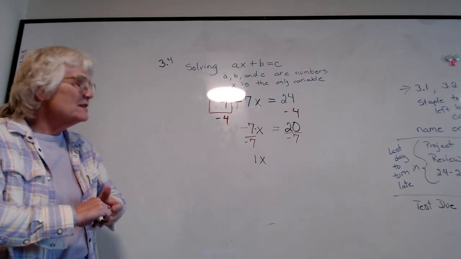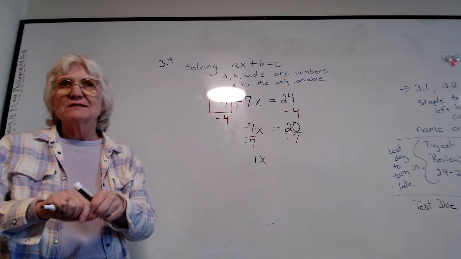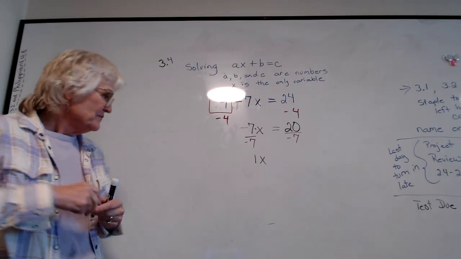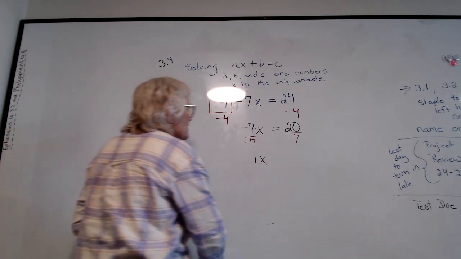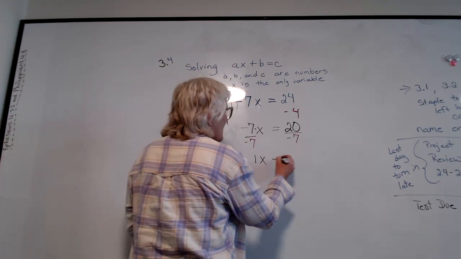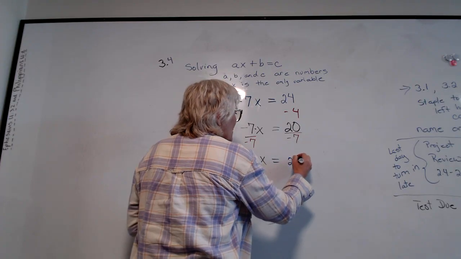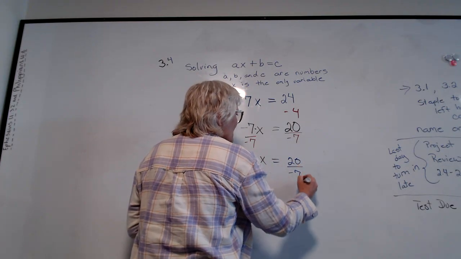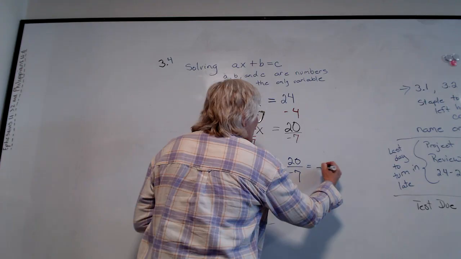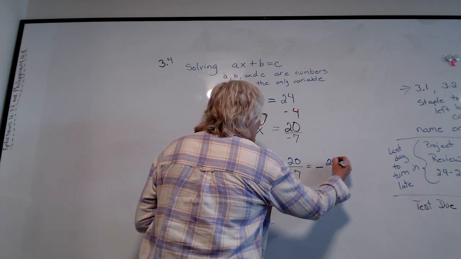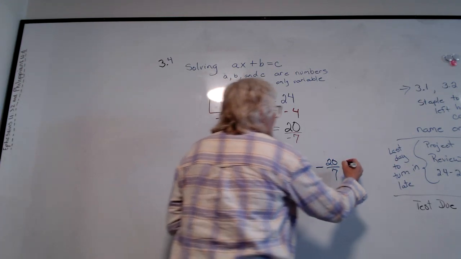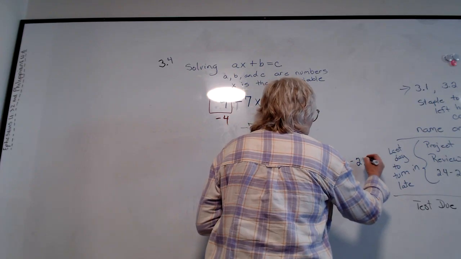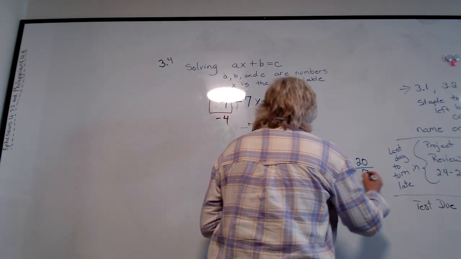This can be written several different ways, okay, as an exact number. When we have a negative, you can leave it as 20 over negative 7. That's the same as negative out in front, 20 over 7, which is the same as negative 20 over 7.